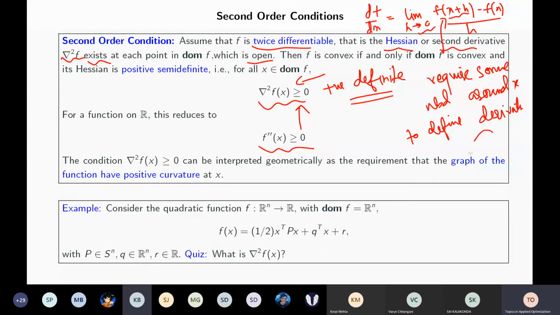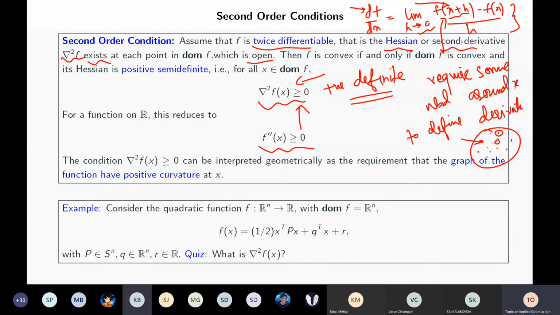This is guaranteed in an open set, because remember, in an open set I take any point and I can find a ball around it which is completely inside. This concept is used here because derivatives are defined like this. The first-hand definition of the derivative is a limiting process, and hence for a derivative to exist, we can only define it for the interior points of the domain, so that we have a sufficient neighborhood around the point such that x plus h will make sense.